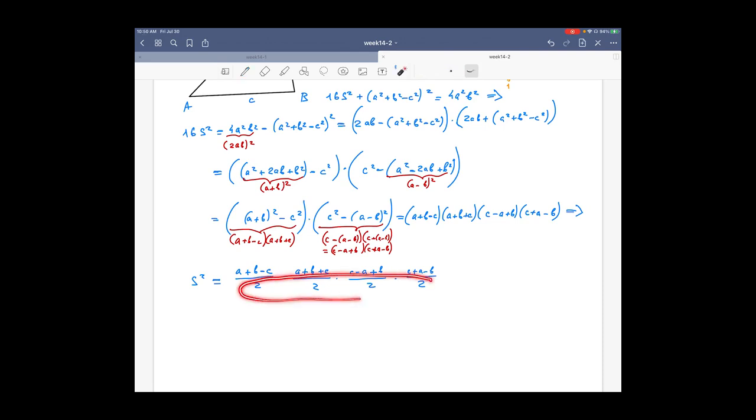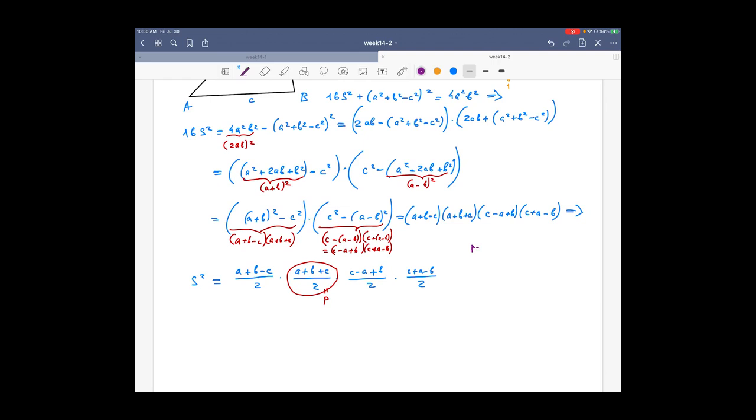Clearly 2 to the power of 4 is 16, and I immediately recognize that this is p, half the perimeter, and I claim that the other three are p minus a, p minus b, and p minus c. Let's check this.